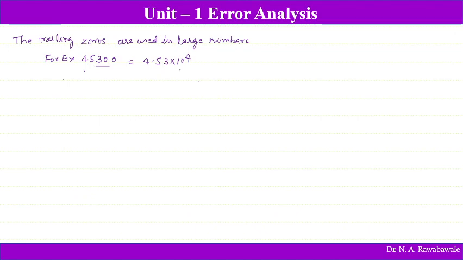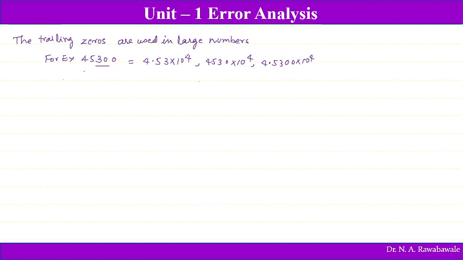Or else, we can write this as 4.530 into 10 to the power of 4, or 4.5300 into 10 to the power of 4. The answer is going to be the same.